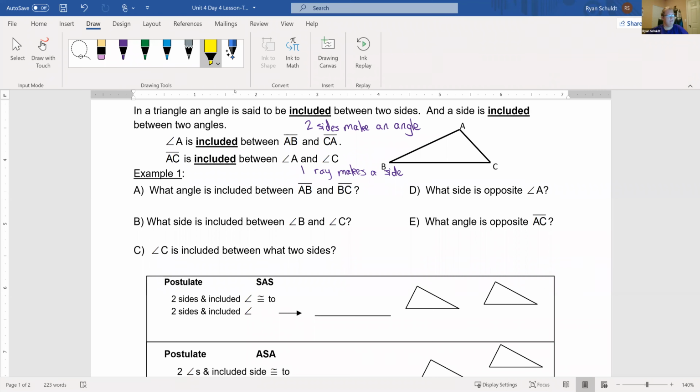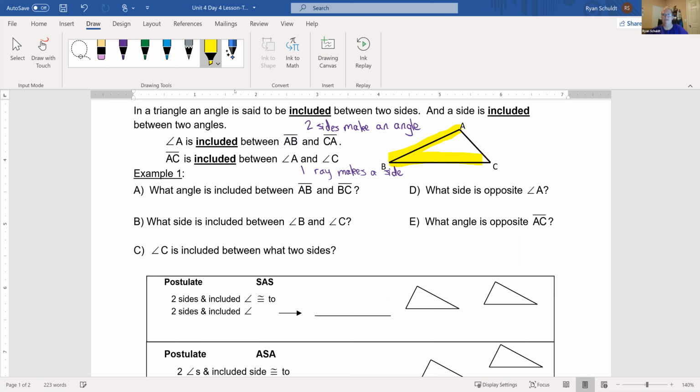So let's look at some examples. They ask us what angle is included between segment AB, so that's this segment right here, and BC.